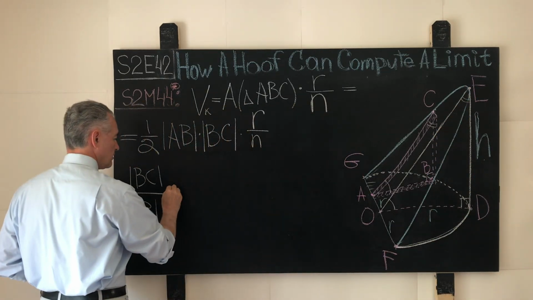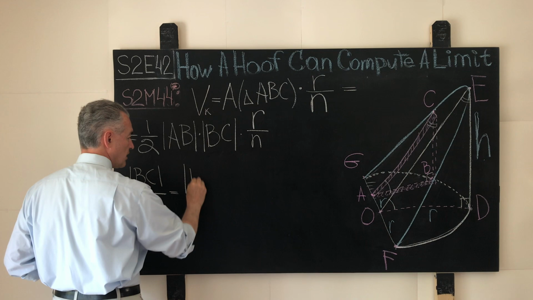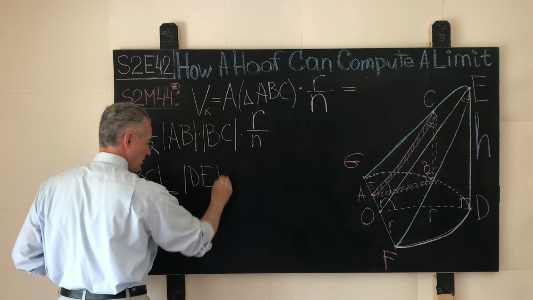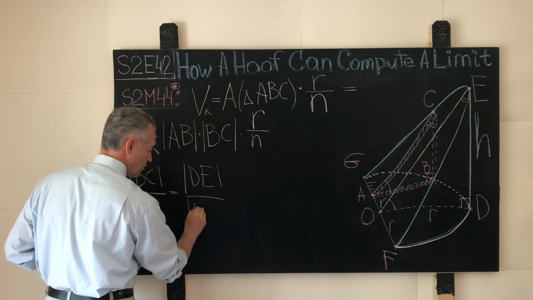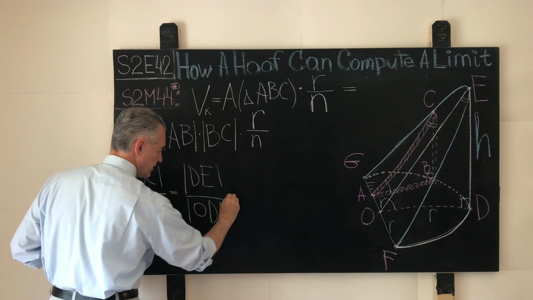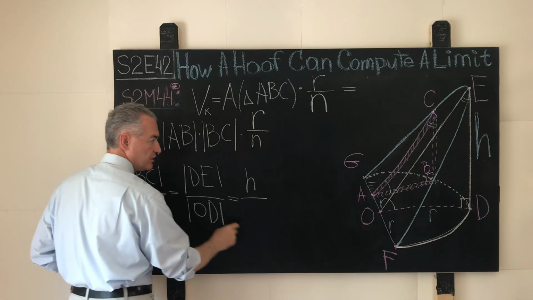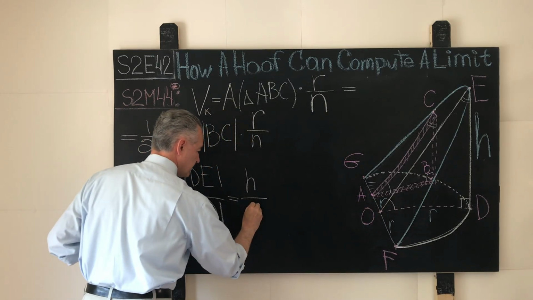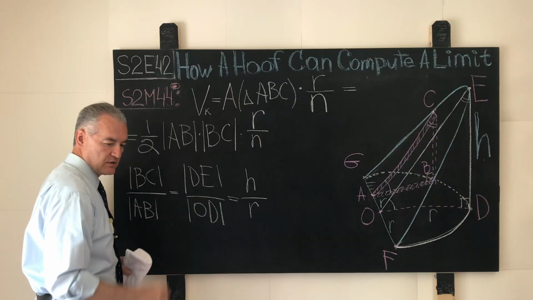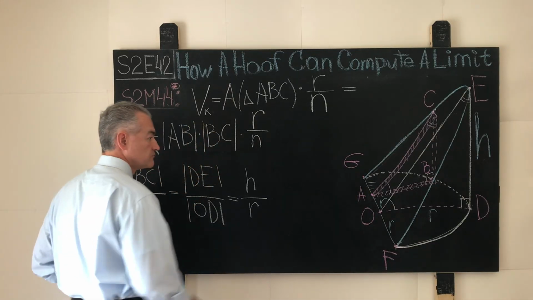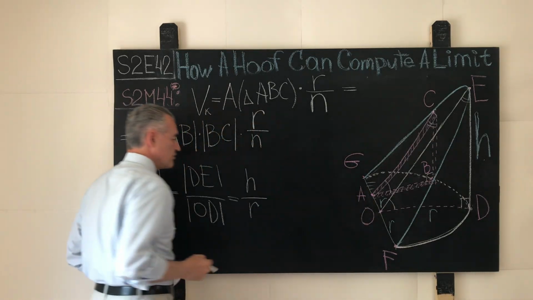So that will be the line segment what? DE to the line segment OD. But we already know what that is. DE is the height, H. And what is OD? OD is the radius of the circular base of the generating cylinder.